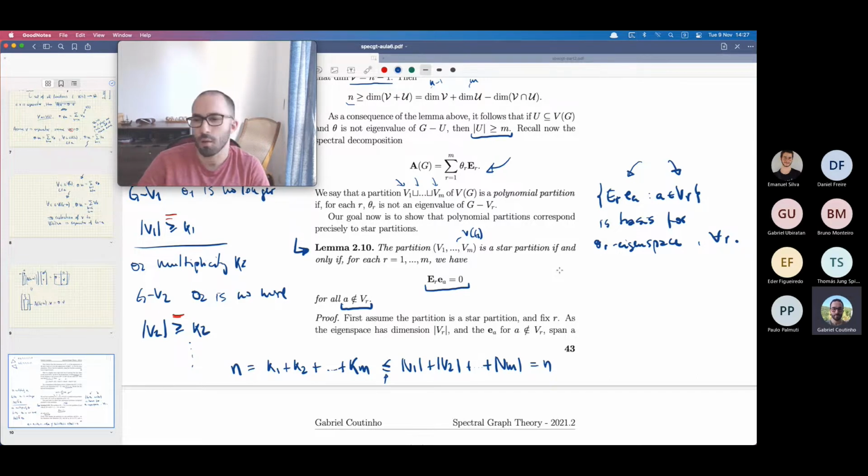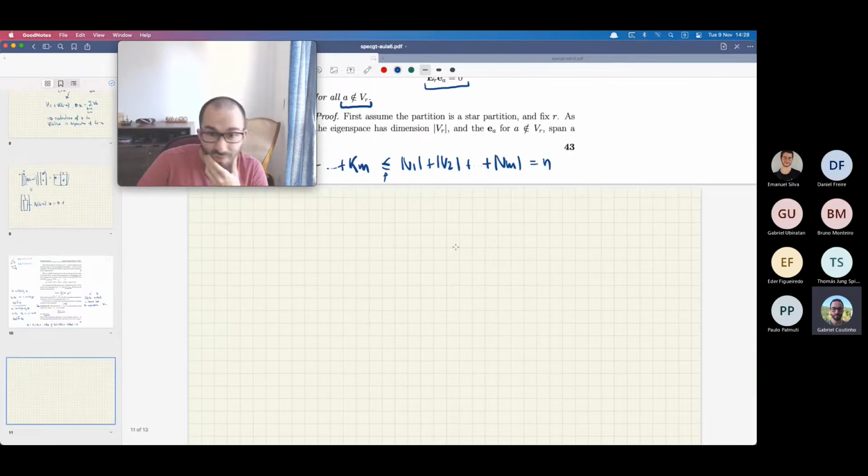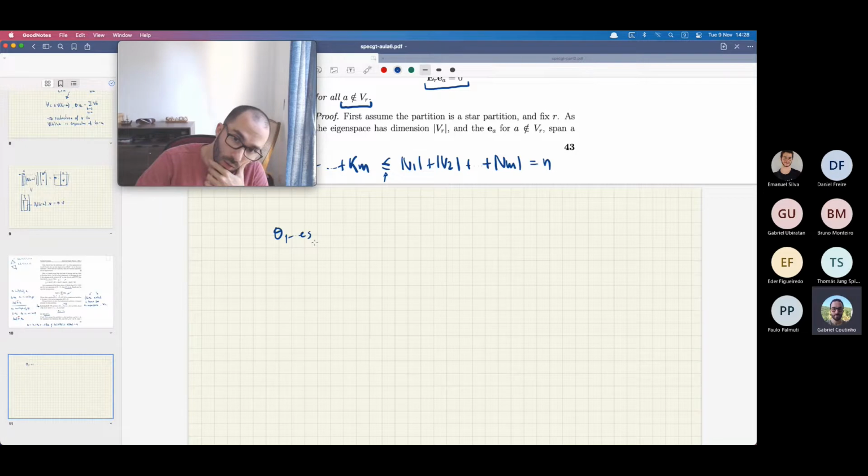It is believable, right? You have your eigenspaces. Let's say you have your theta 1 eigenspace, your theta 2 eigenspace, and so on until your theta m eigenspace.